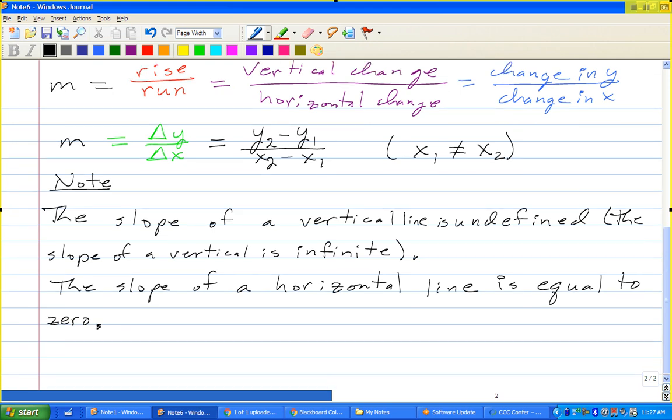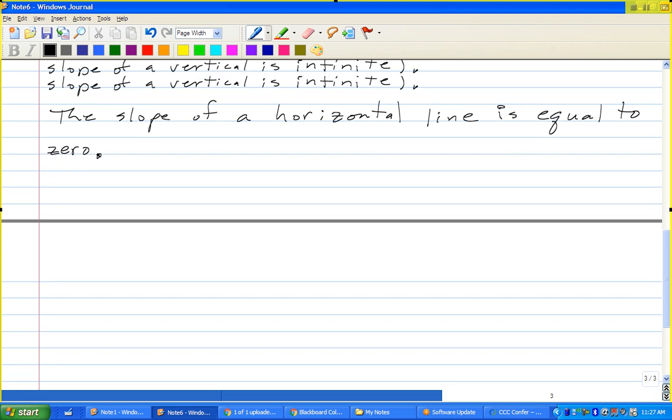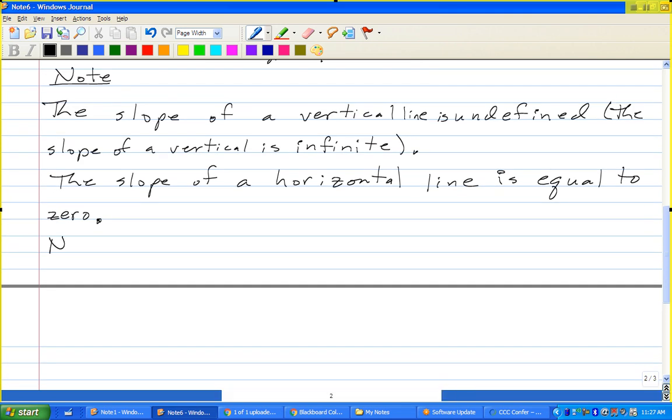Note the following. You should never use the terminology no slope.